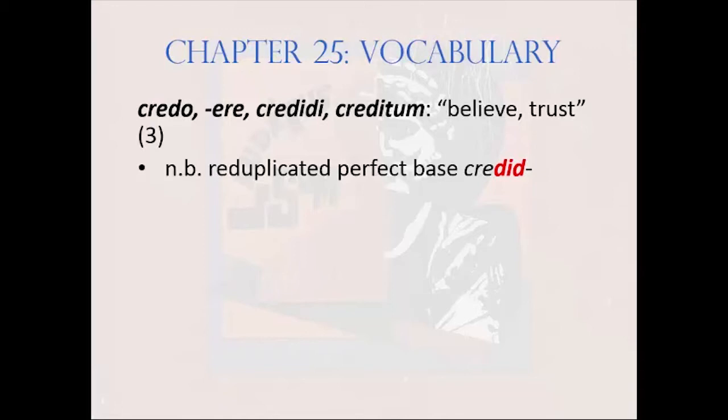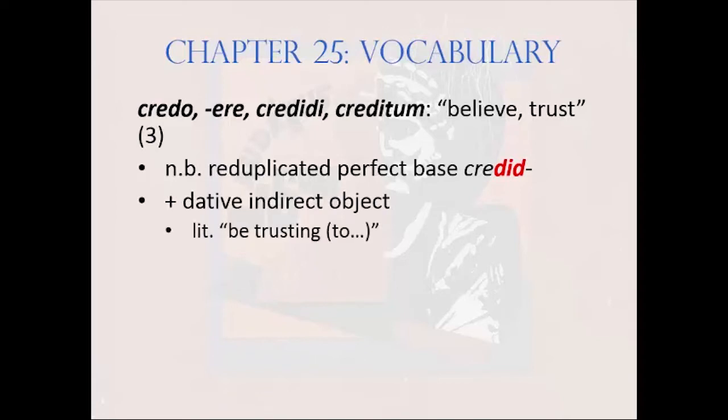What the affix cre represents is unclear, though some scholars suggest it's related to the same base that gives us cardia, heart. In that case, credo originally meant put one's heart into something, that is, have confidence in it. Note that because of its meaning, credo expects an indirect object, literally, to give trust or be trusting to someone. It also expects indirect statement, to believe that.